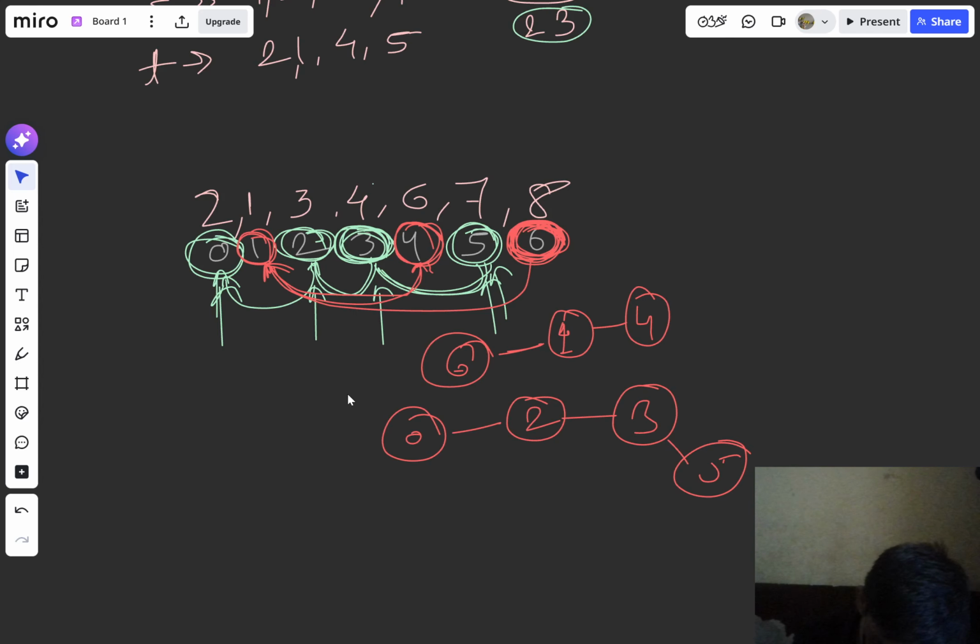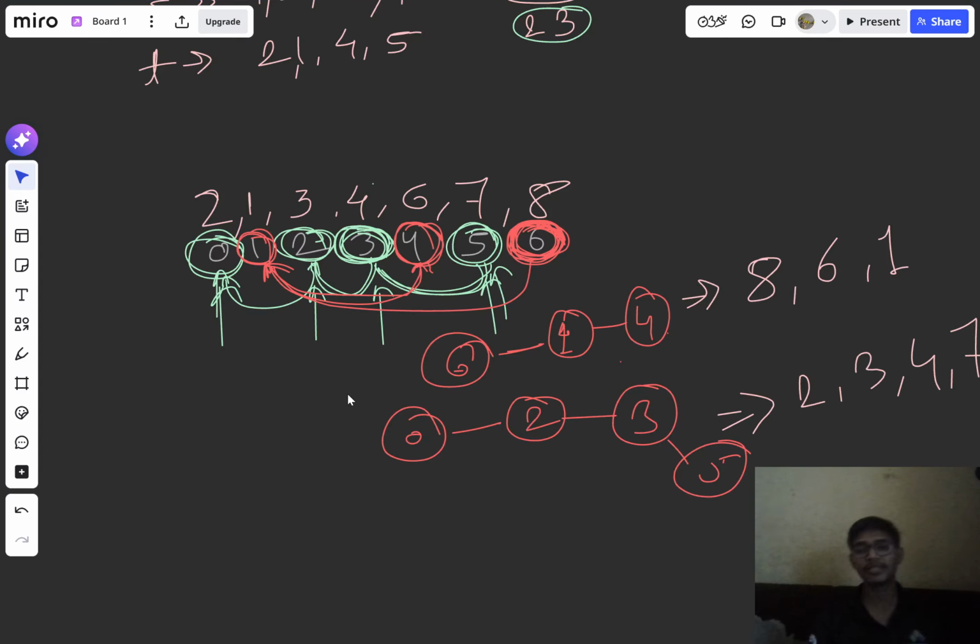Now from this we can show the numbers which are present at 6, 1 and 4. The numbers present at 6, 1 and 4 are 8, 6 and 1. And in the other graph the numbers present are 2, 3, 4 and 7.